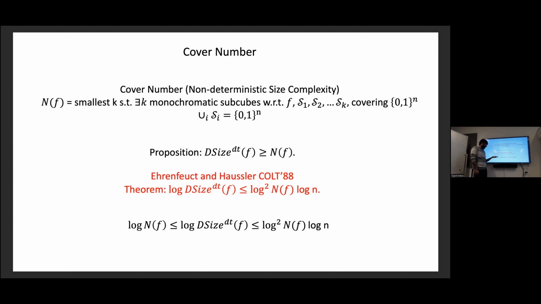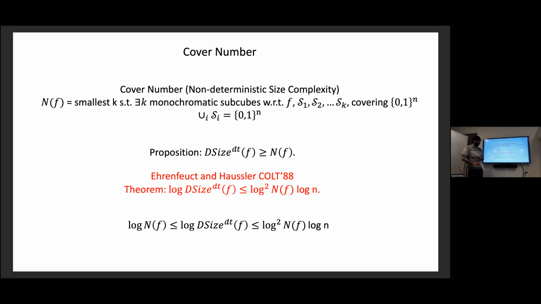If only somehow we can show that log cover number can also give us a lower bound on randomized size, then our relationship will be complete. So the question now is, if the cover number is large, can we show that log of randomized size is large?